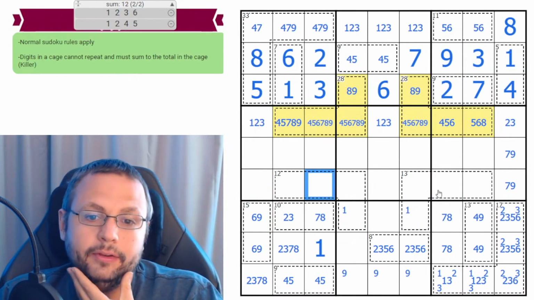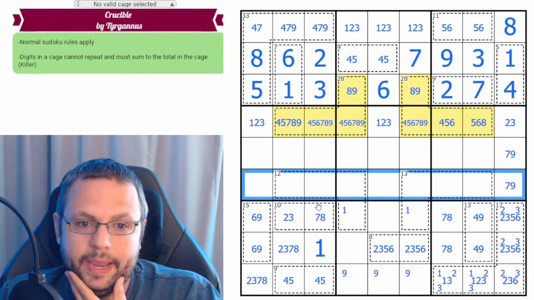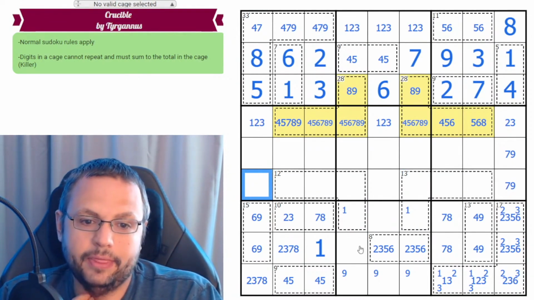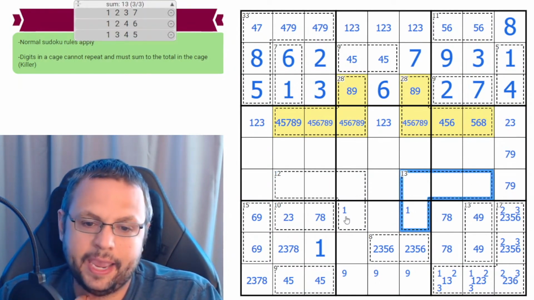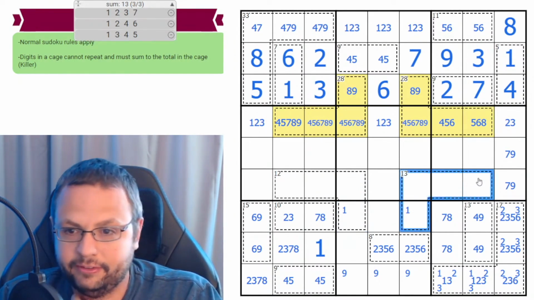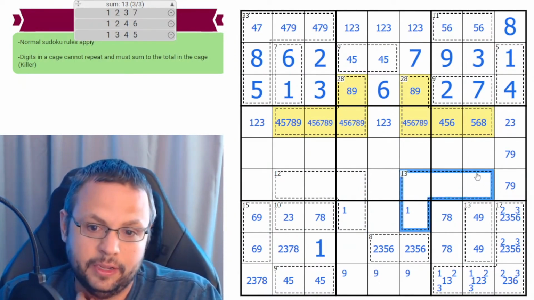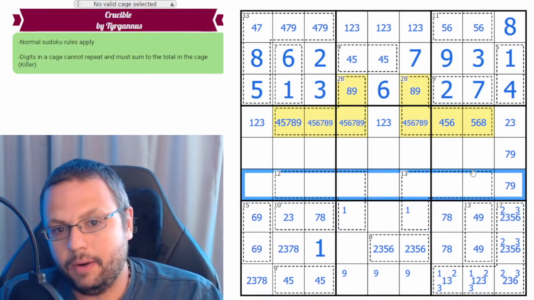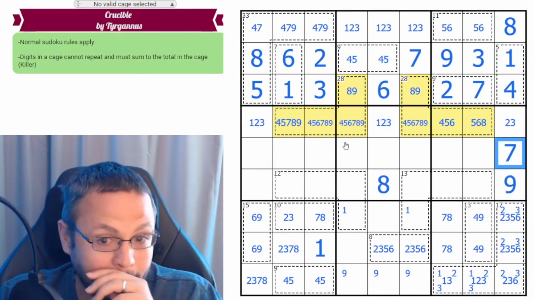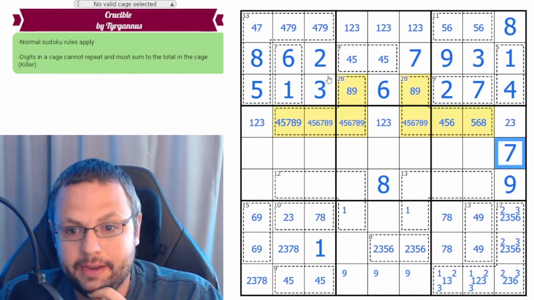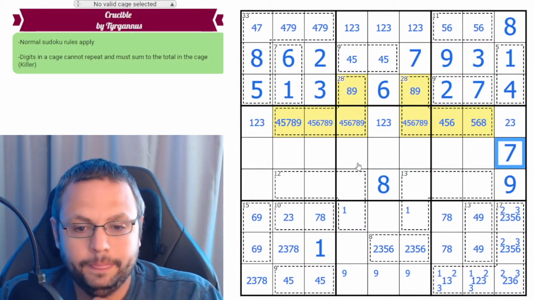Okay, good point. Okay. So where do 8 and 9 go in this row? I can't put either of them here. And actually, even though I can omit a 2 from a 13 cage, I still can't put an 8 in a 13 cage. So the 8 in this row actually only has one place to go, which is here, and then the 9 goes there. Because the 9 even more can't go in these places.